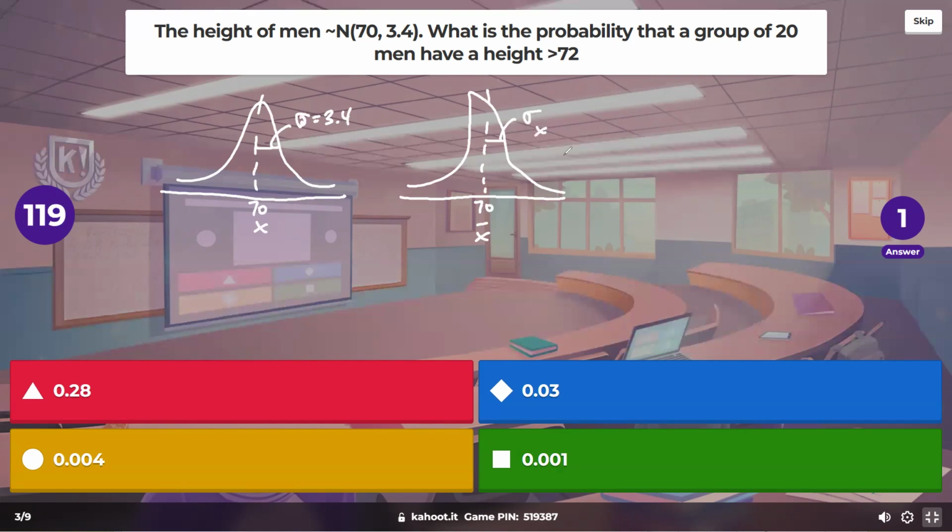More success. This one here, okay. Value of n here is what? What's n? 20, good.